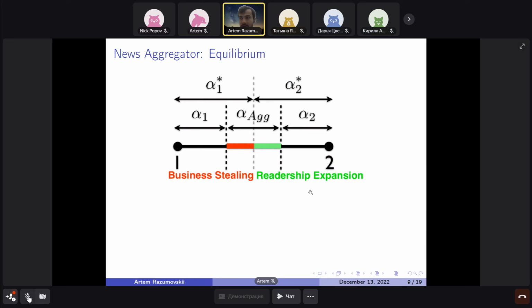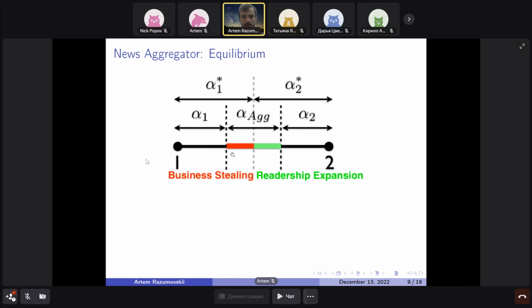So let's consider agency 1. Before, they enjoyed readers of share alpha 1 star. But when the aggregator came, they enjoy only alpha 1, and you can see that alpha 1 is lower than alpha 1 star.